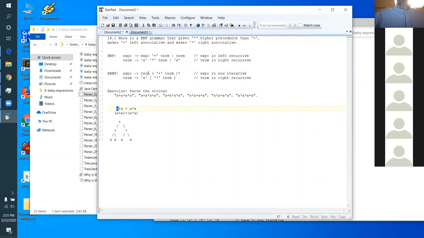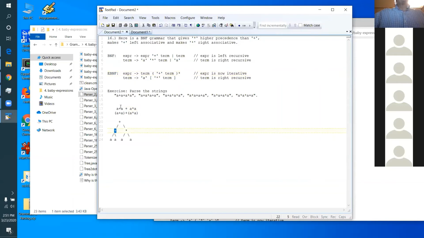Then after finding the term, you do plus term. So that would be plus term here. You're going to form a tree with a plus on the root and a term on the right, and a term is A. So that's this tree down here.